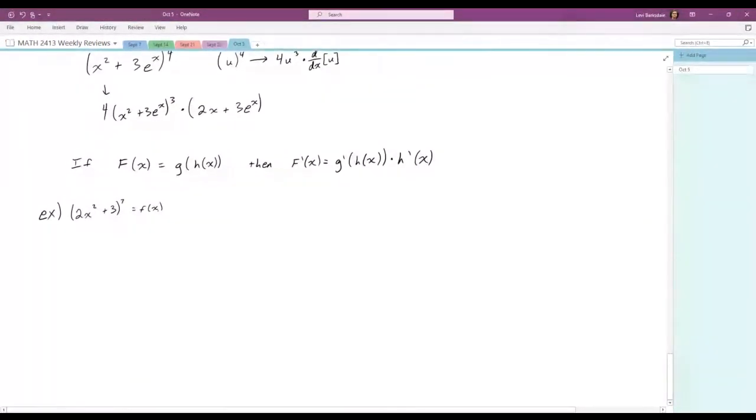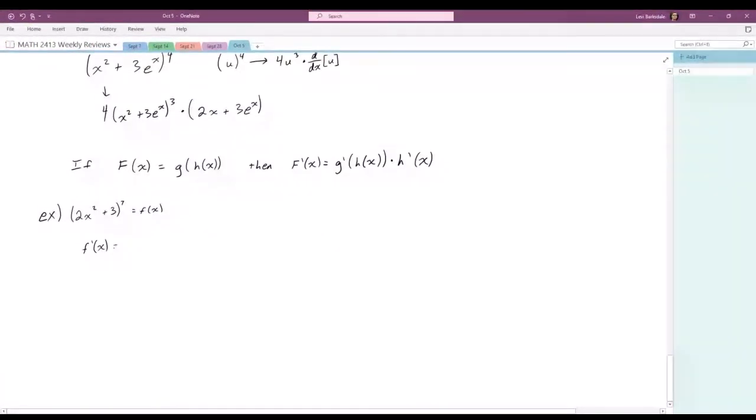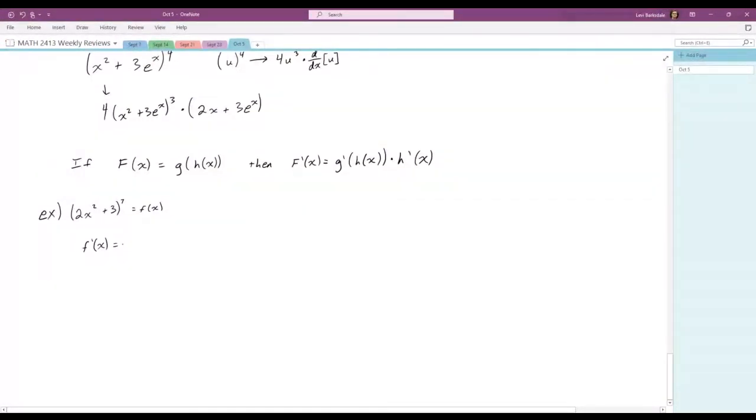That's going to be f of x. Well, my chain rule says I should work from the outside in. My biggest thing is these parentheses to the 7th. I'm going to say this is the power rule. I know what to do here. Bring the power down as a coefficient, decrease it by 1.